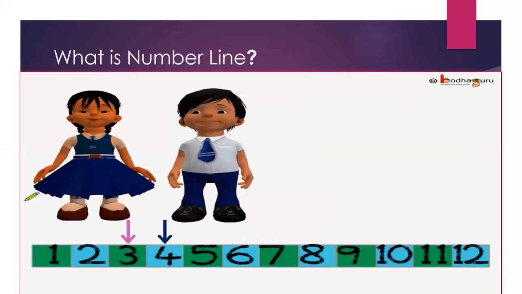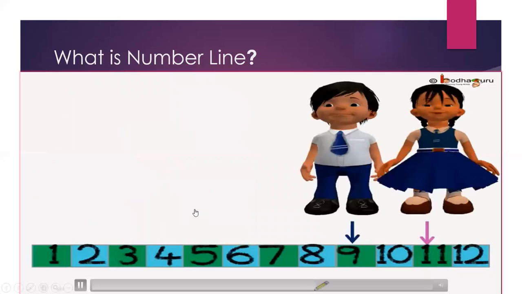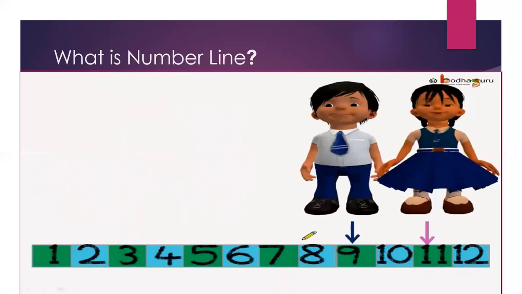See, first time Khushi hopped till third and Aman hopped till the fourth square. Next time, Aman hopped till the number 9 square and Khushi hopped till the number 11 square.